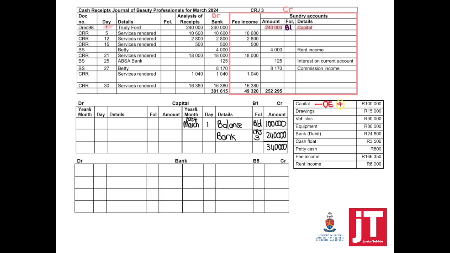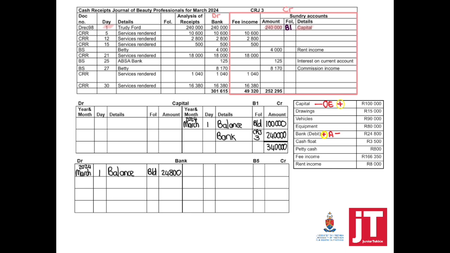Next, we've got bank. If I have a look at bank, it specifically says debit. Debit means it's regarded as a current asset. On the debit side, we're going to have March 1st, balance brought down for 24,800.